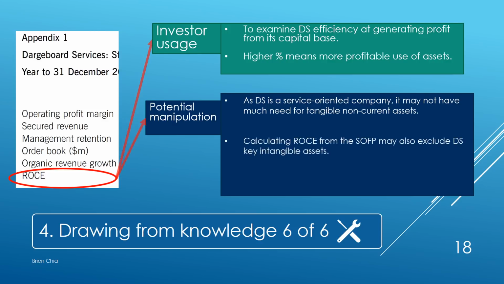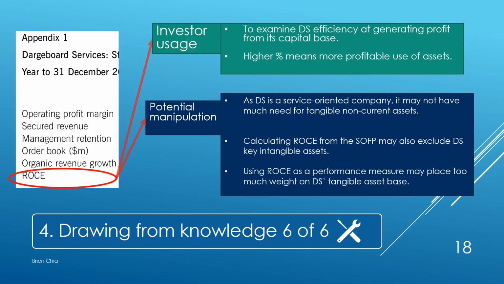And second thing is that because it's the SOFP, and the SOFP follows financial reporting standards, you're probably going to exclude a lot of intangible assets which DS probably is using to generate profit, because they fail to satisfy financial reporting rules. So based on that, ROCE may not be as relevant as the performance dashboard says it is, because it is a service-oriented organization. It might not be relevant enough.